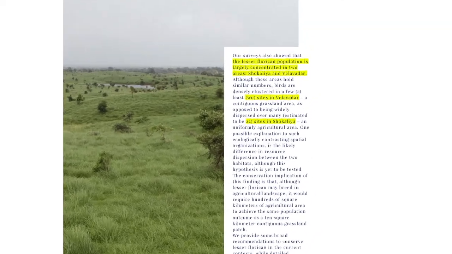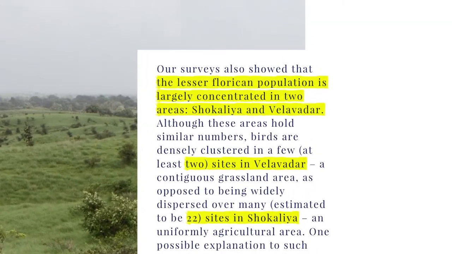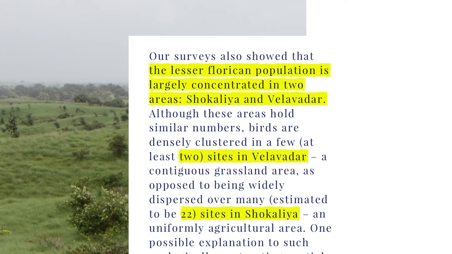Next, we talk about the two most important locations for sighting the Lesser Florican. We have Shokalya in Rajasthan and Velavadar in Gujarat. Now, the characteristics of these two sites are important, guys, and can be asked. The first thing we need to note is that both of these locations hold similar numbers of Lesser Florican.